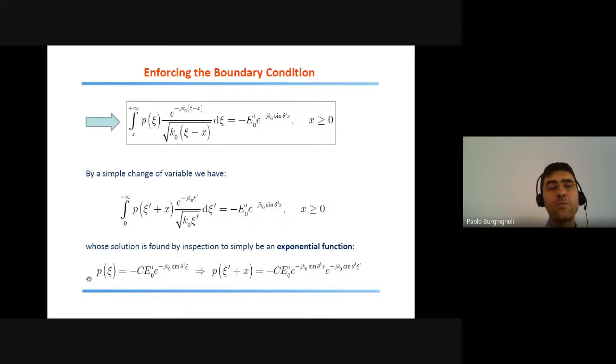And in fact, if you replace psi here, the bottom, with psi prime plus x, what you get once you insert it into the modified integral equation that you can see here in terms of the new variable psi prime is that the dependence on x can be brought outside the integral, and this therefore matches with the dependence on x that is found on the right-hand side, and they can be simplified from the equation.